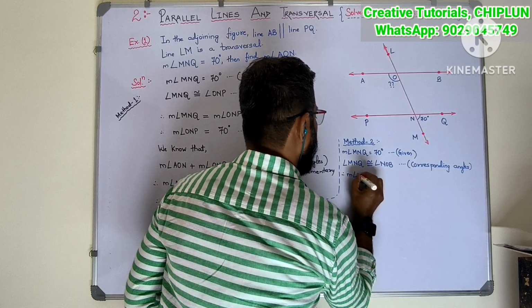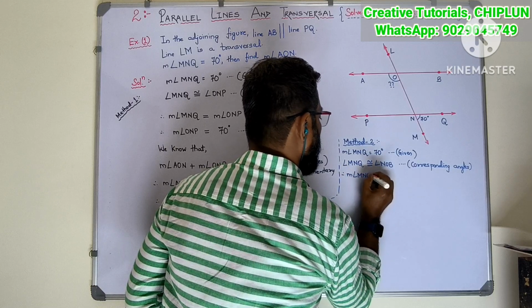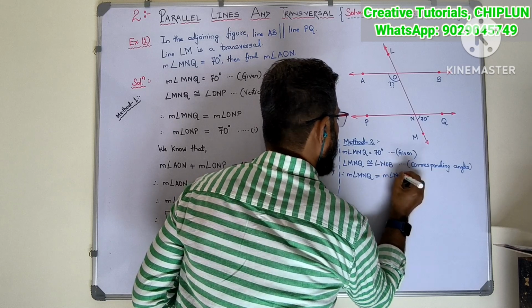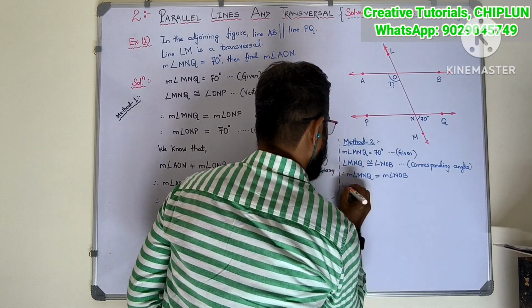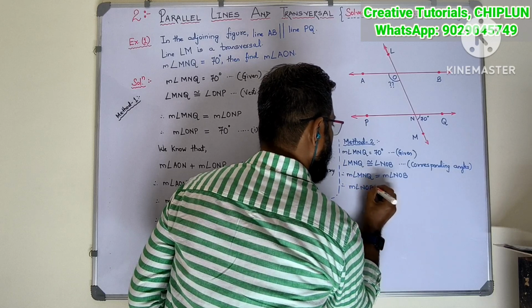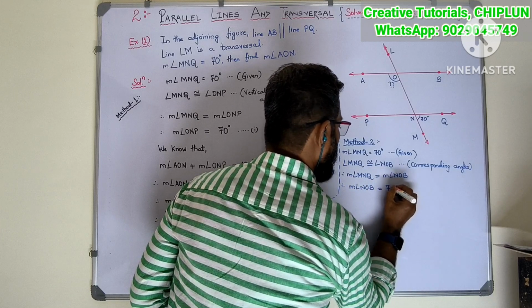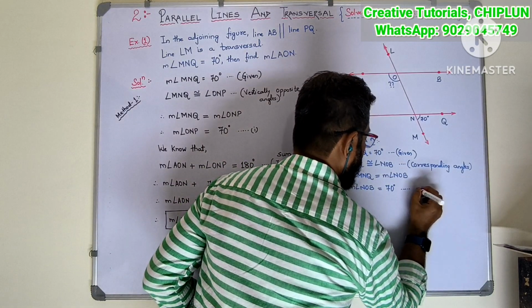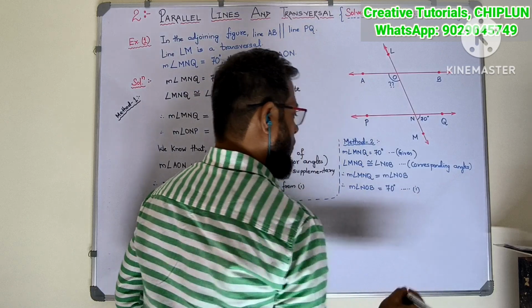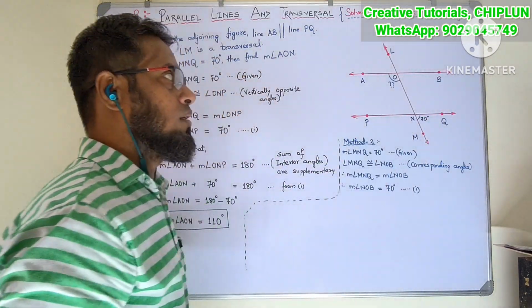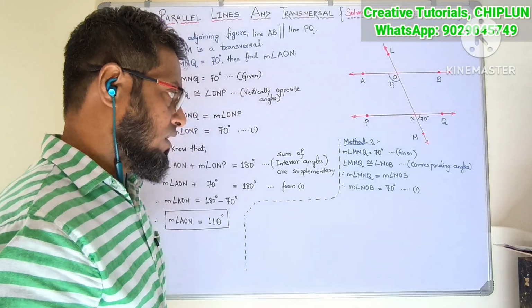Therefore, measure angle MNQ is equal to measure angle NOB. Therefore, measure angle NOB is also equal to 70 degrees. Say this as statement number 1. So we have got that measure angle NOB is equal to 70 degrees.